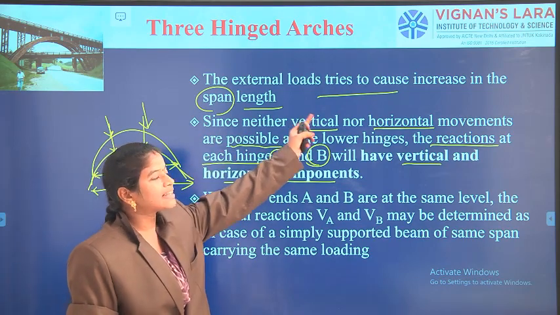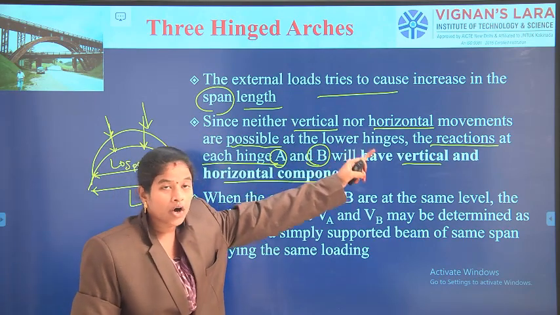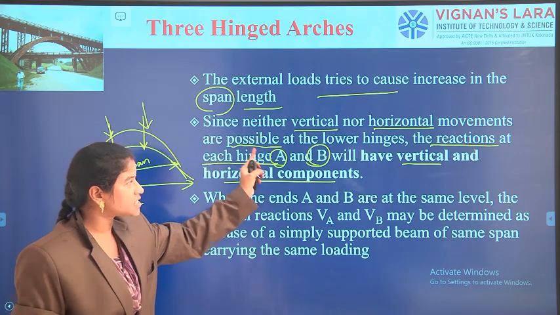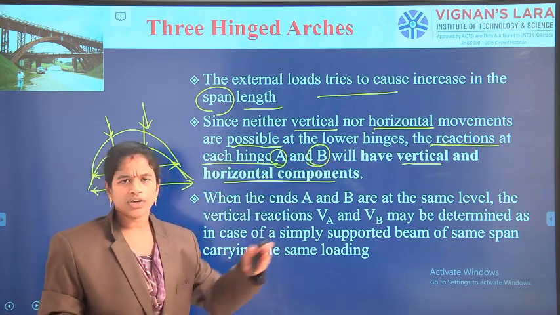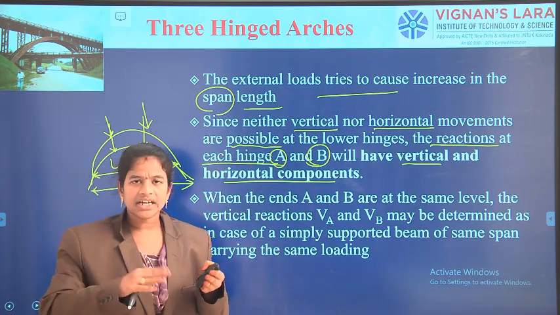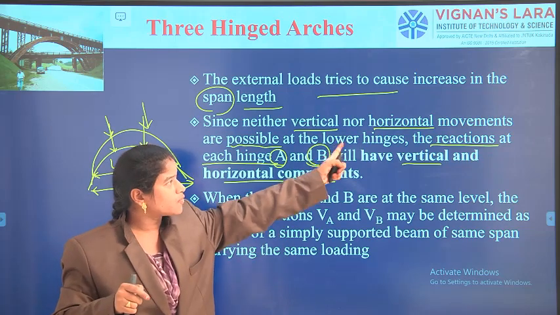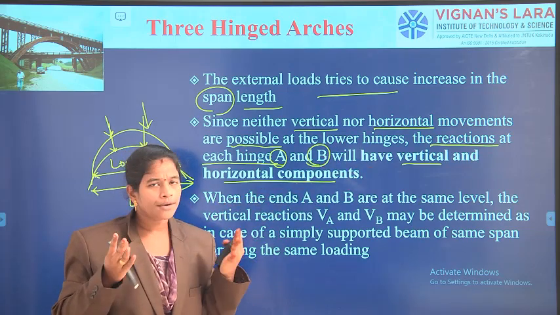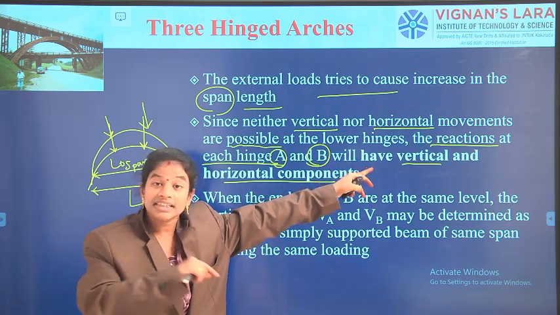Since neither the vertical nor the horizontal movements are possible at the lower hinge, we are not allowing vertical or horizontal movement, right? So vertical and horizontal movements are not possible at the lower hinge.